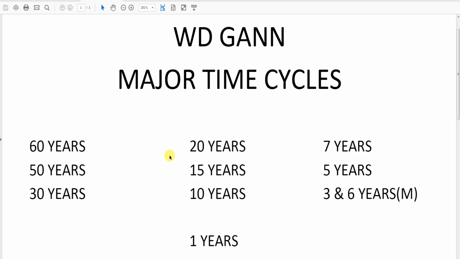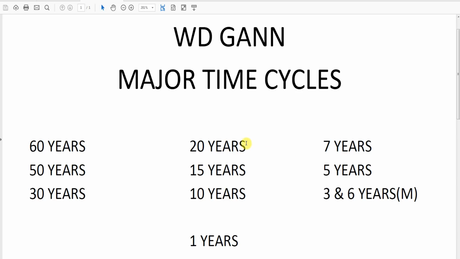Any commodity, any stock, anything you trade, this is like a natural cycle that is embedded in the markets. There's a 60, 50, 30, 20, 15, 10, 7-year, 5-year, and 3 and 6 years minor cycles. And then the smallest cycle, he says, is the 1 year. And then you could break that down into like 180, and it's just all fractal. But I'm just giving you the big time frames.